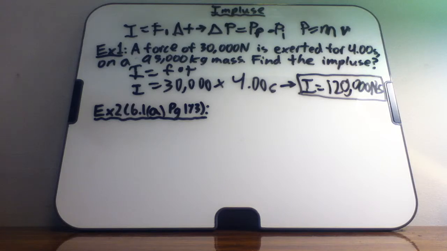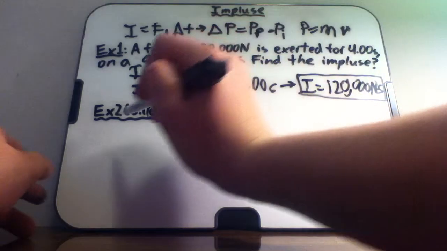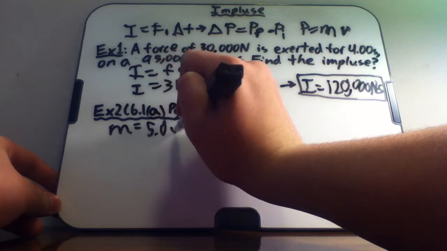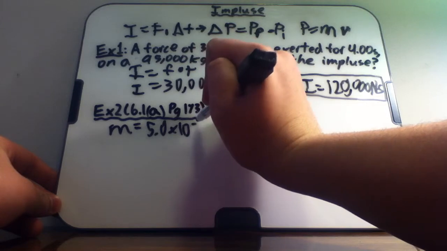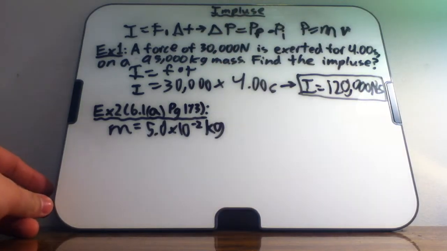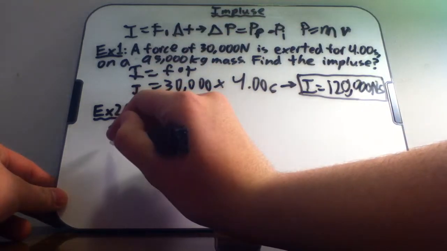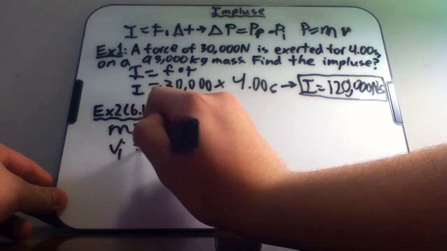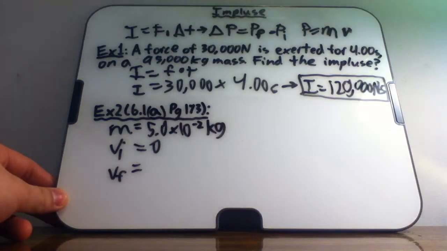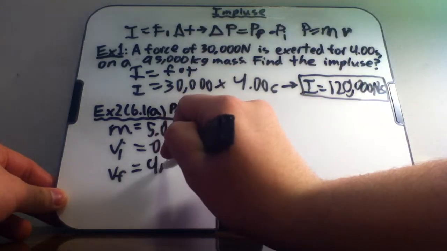So we know that the mass equals 5.0 times 10 to the negative 2 kilograms, and the initial velocity equals 0 meters per second. And the final velocity equals 44 meters per second.